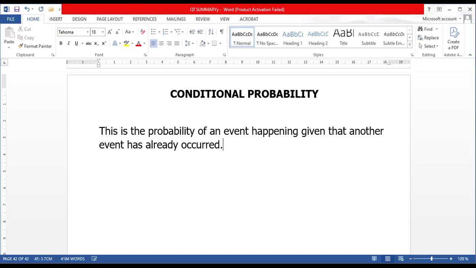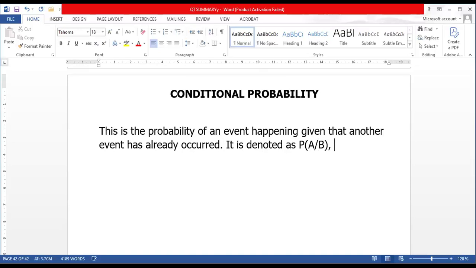That is conditional probability, and it is denoted as the probability of, let's say, first event A, given that B has already occurred.